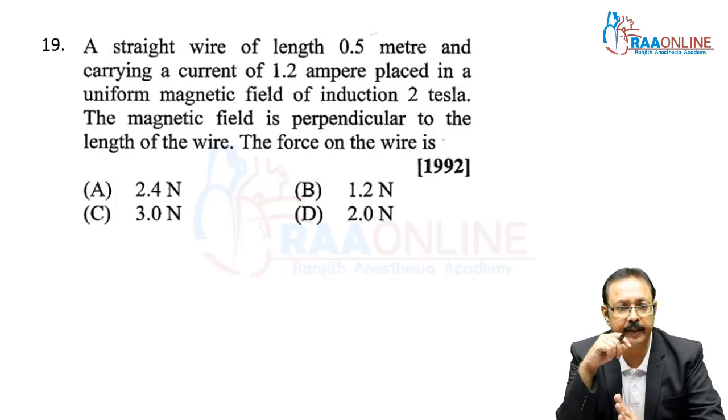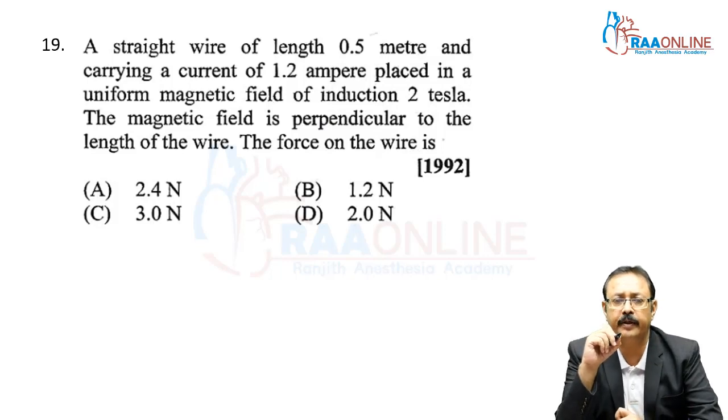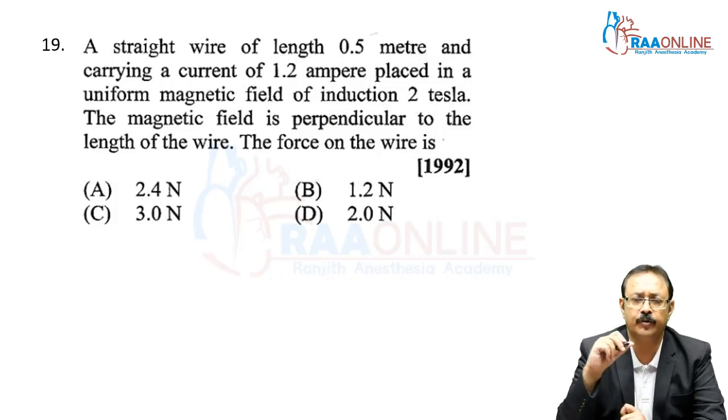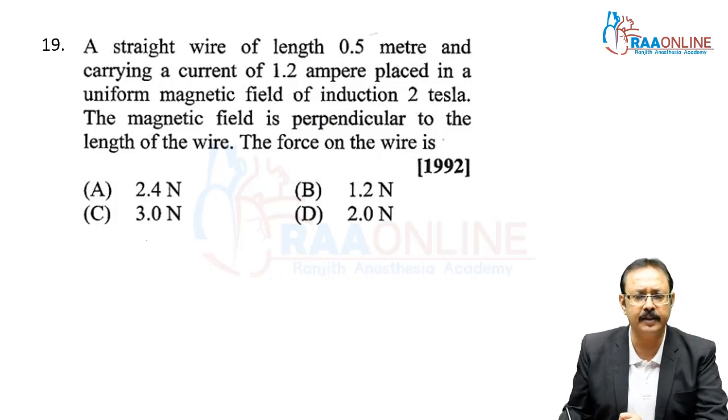Next, it is from 1992 AIPMT. A straight wire of length 0.5 meter and carrying a current of 1.2 ampere placed in a uniform magnetic field of induction 2 Tesla. The magnetic field is perpendicular to the length of the wire. The force on the wire is, it is direct formula, ILB sin theta.